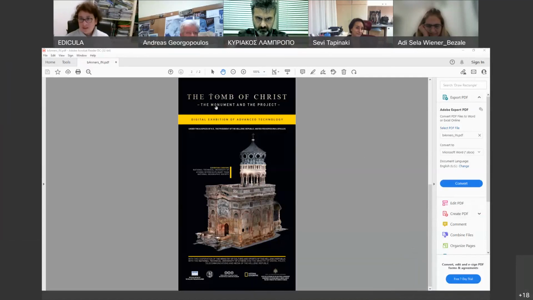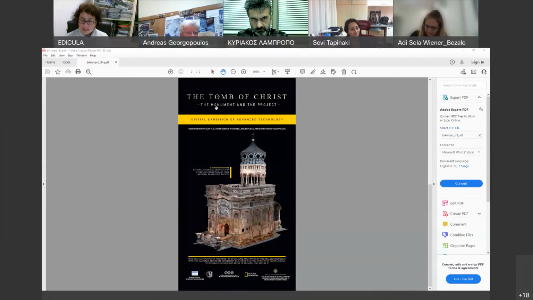The museum is in a very central place in Athens, on a very busy street with lots of buses as well. So it was a way to show the Holy Edicule itself, not just the work of NTUA, outside the museum.